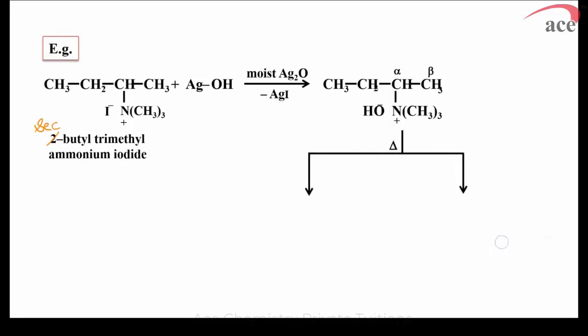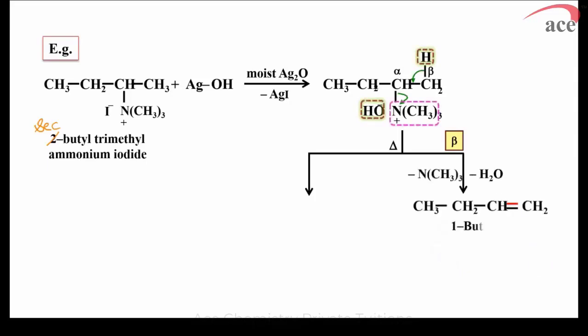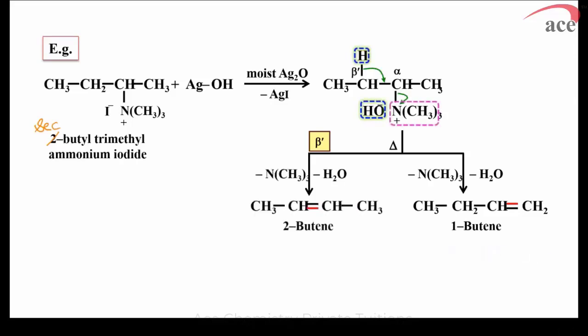If you eliminate from the terminal beta carbon atom, you will get, minus H2, 1-butene. Whereas if you eliminate hydrogen from the beta dash carbon atom, again with the loss of H2, it will result in the formation of 2-butene.